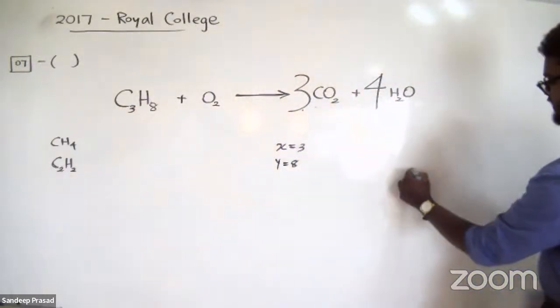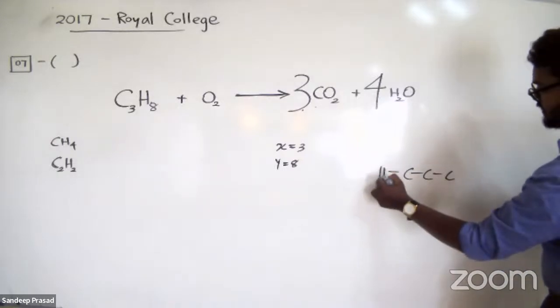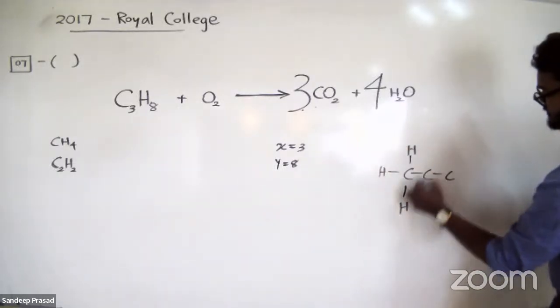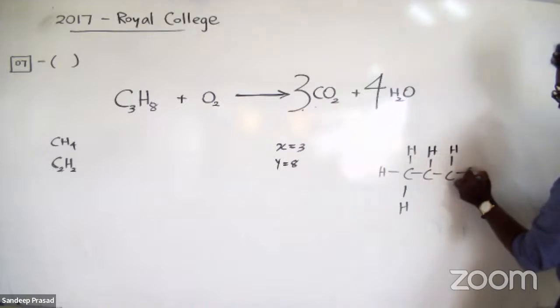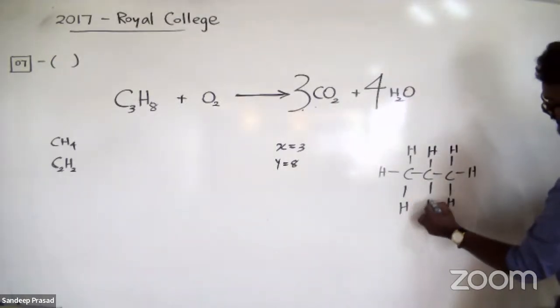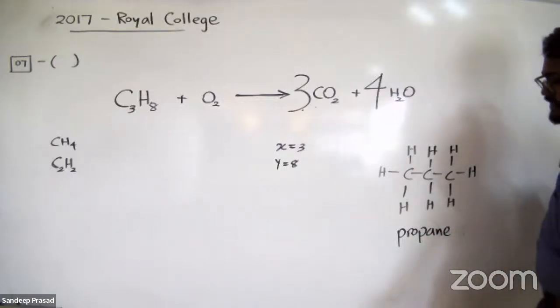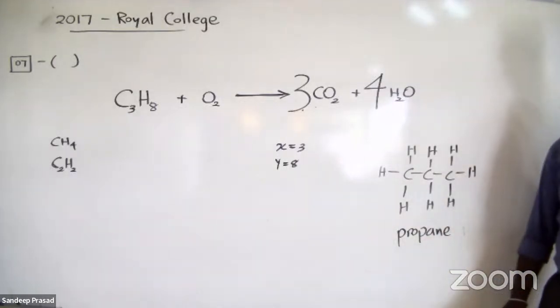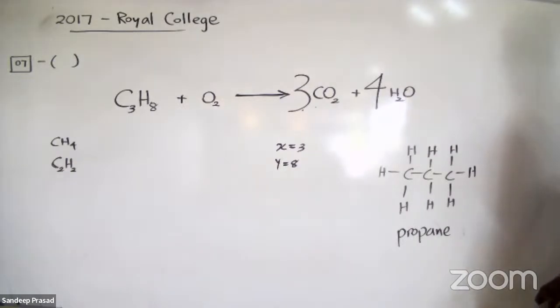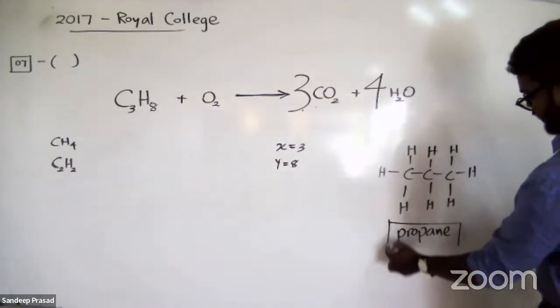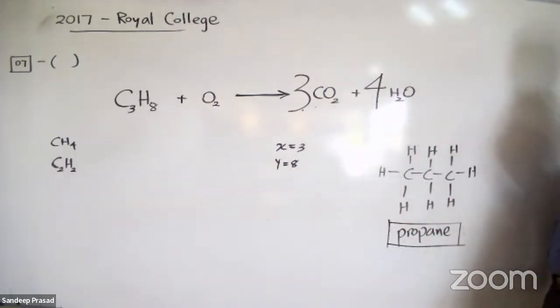C3H8 means 3 carbon atoms are connected to 8 hydrogens. In organic chemistry, we are going to learn these compounds. This compound is considered propane. Propane is contained in LP gas. A gas cylinder contains a propane and butane mixture. So this is propane.